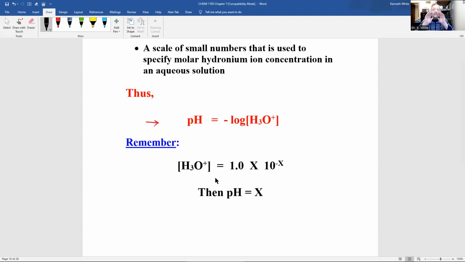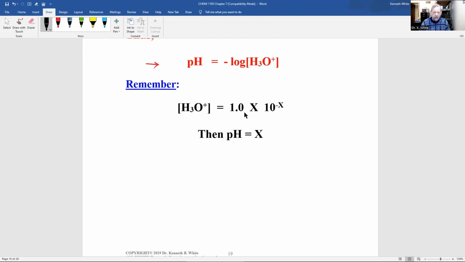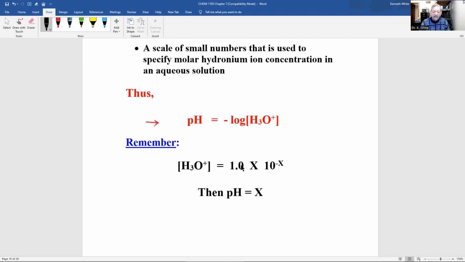Well, don't tell anybody, but I'm going to give you a special gift. Shh. If the hydronium ion concentration is 1.0 times 10 to the minus x, then the pH will be x. If the number in front of the times 10 to the minus x is not 1.0, this is not true.